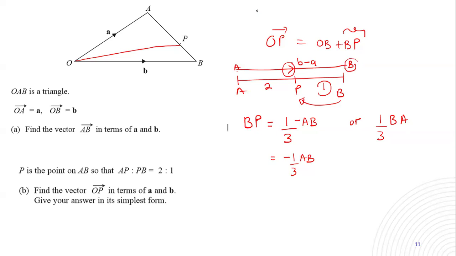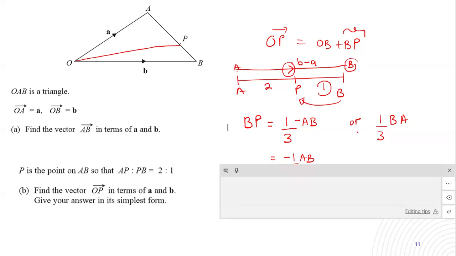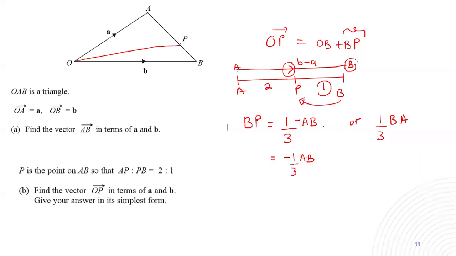Because the moment you don't do like that, trust me, your answer is going to be totally different. Is that clear? Yes. So that one, you have to pay attention. That's why I was telling Amara, something is not adding up.